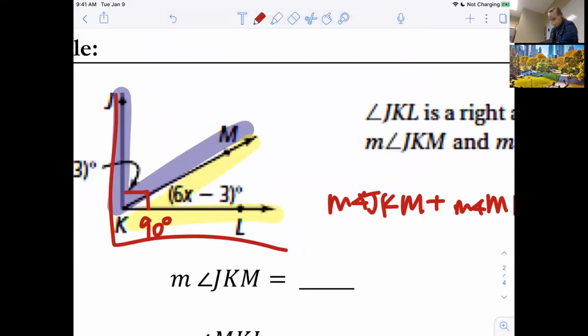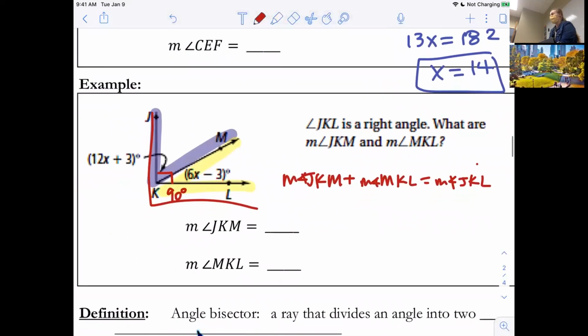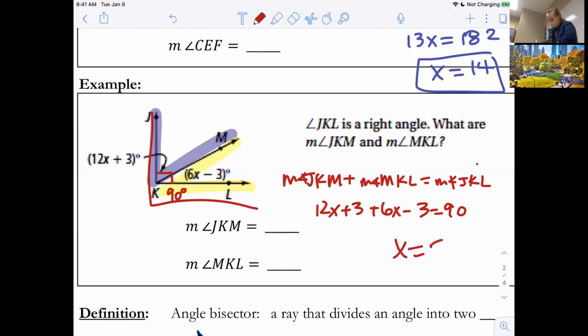This is the whole part. Sometimes I'll ask you to write this statement with letters. Sometimes I won't. I think it's helpful to know what to plug in. So now I'm going to do 12x plus 3 plus 6x minus 3 equals 90.